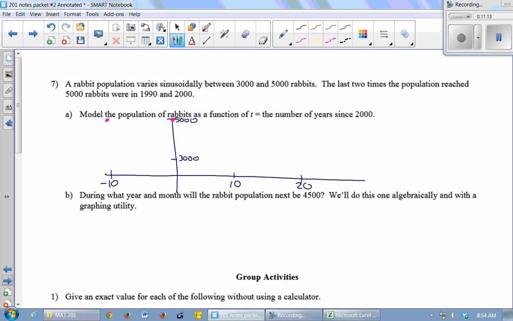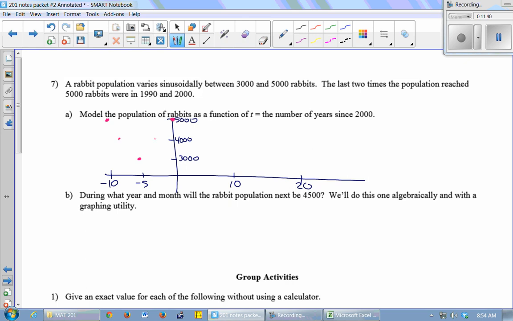So here at -5, we should have a minimum value of 3,000. And what happens halfway between a high and a low? Halfway between 3,000 and 5,000 is 4,000. So halfway between 5 and 10 is 7.5. I'm not going to label it. Just know that it's 7.5.